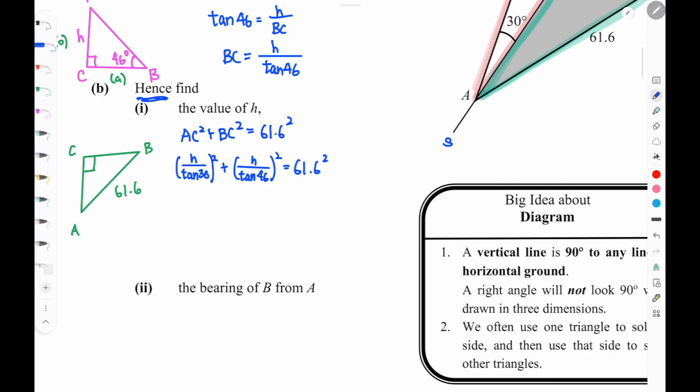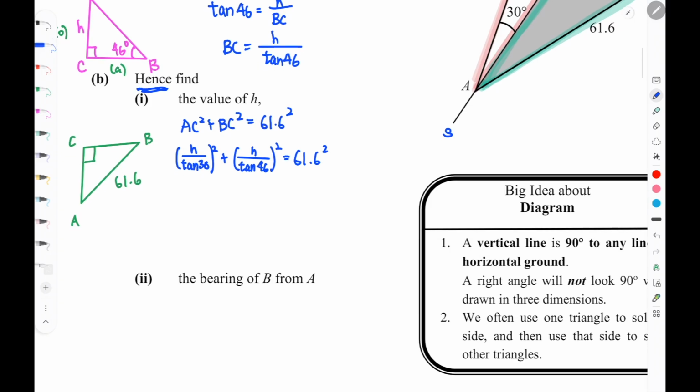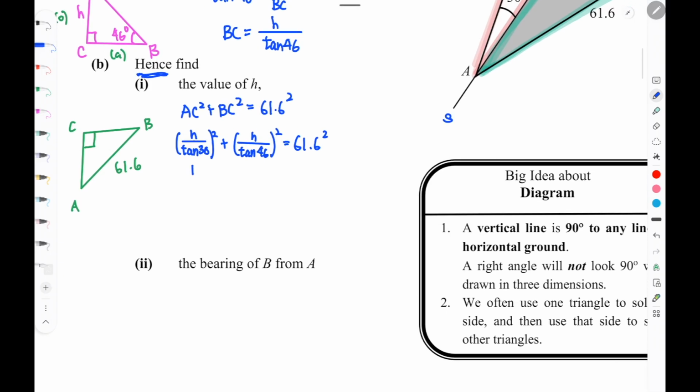Now I will bring my square into the bracket. So I'll get H square over tangent 30 whole thing square. Do not write the square directly because the examiner may think that you are squaring the degree. So you must include the bracket.